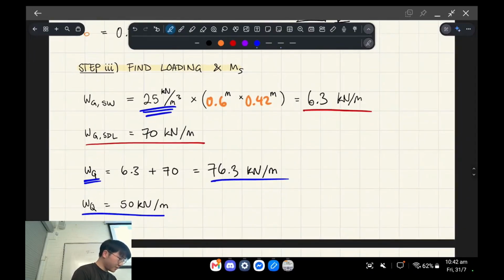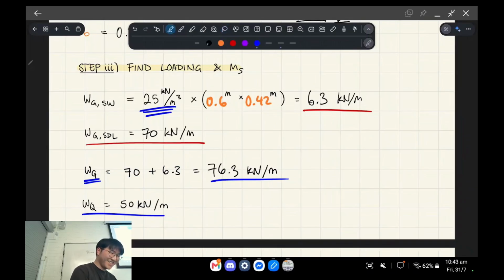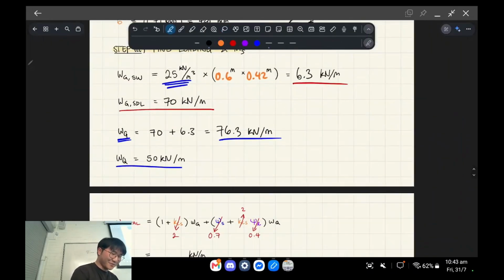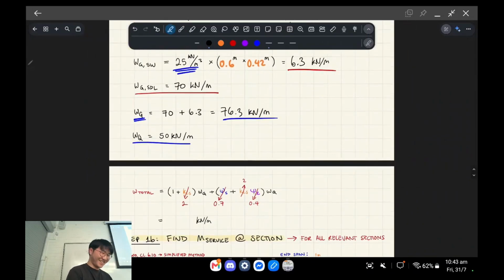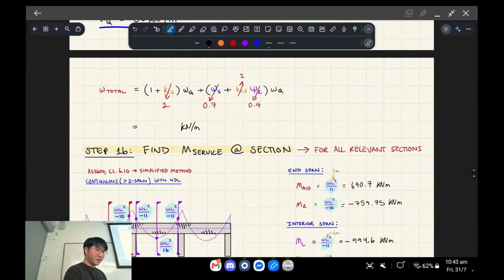What did I write? 70, for the WG value. Oh no, sorry. I was trying to run through the numbers myself as well. I see what you're getting at there. I think it's right there.